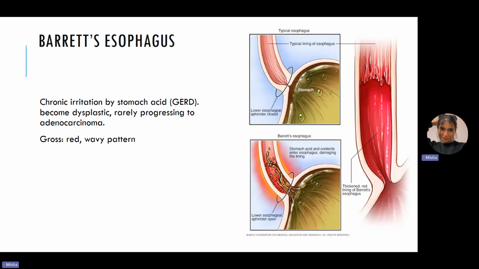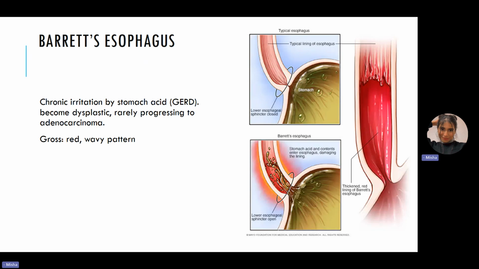Right now, I'm using very basic terms like intestinal epithelium, but they would want you to know the exact kind of epithelium. They want to know columnar, mucus secreting, for example. They will want to know what kind of mucosa or what kind of epithelium you are talking about. Okay. It can basically resolve if the irritation is removed, or it can become dysplastic from metaplasia. It can go to dysplasia and can progressively eventually lead to an adenocarcinoma.